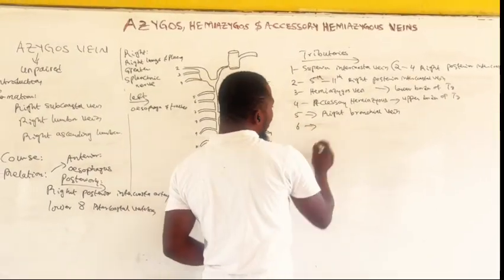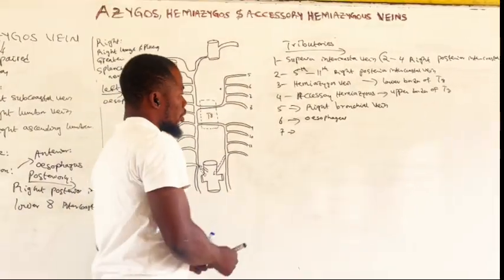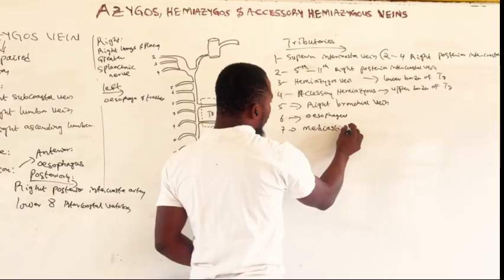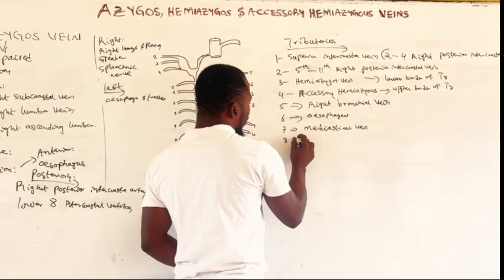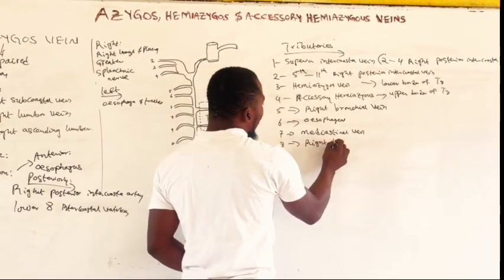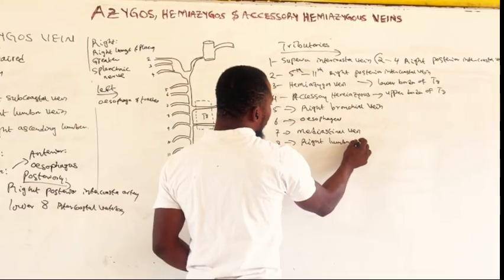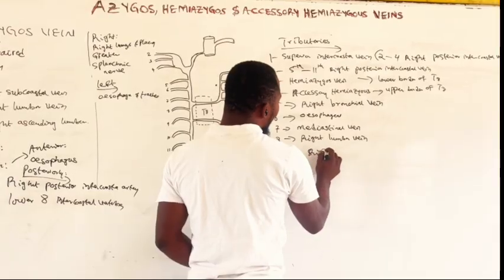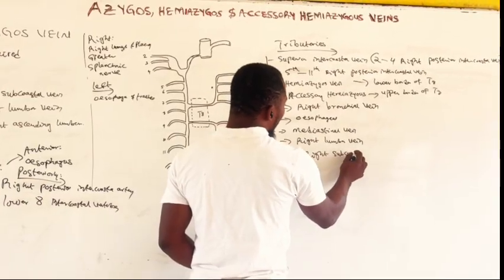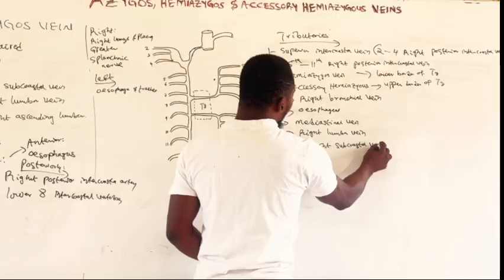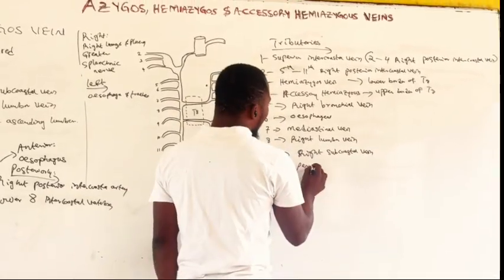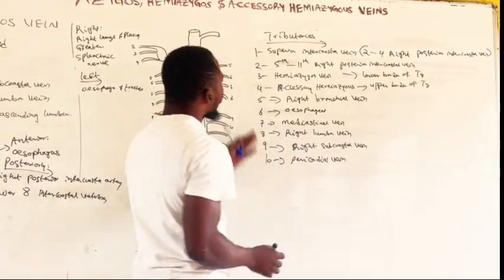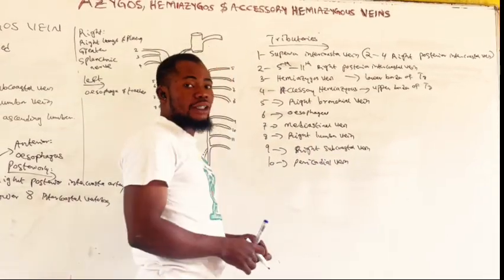There are also many oesophageal veins, the mediastinal veins, right lumbar vein, right subcostal veins, and pericardial veins. These are the common tributaries of Azygos vein.